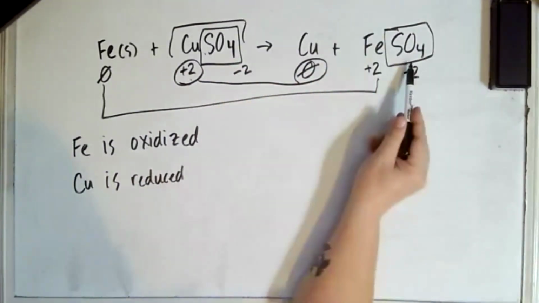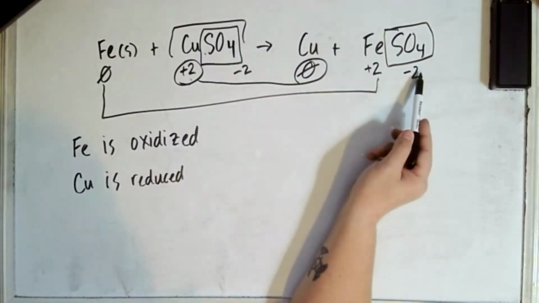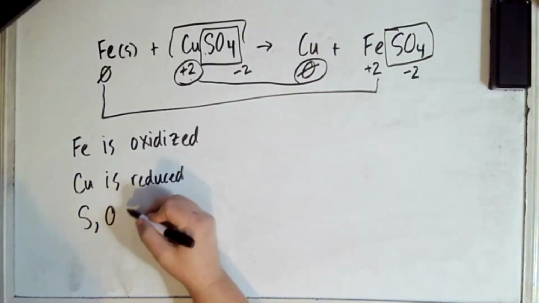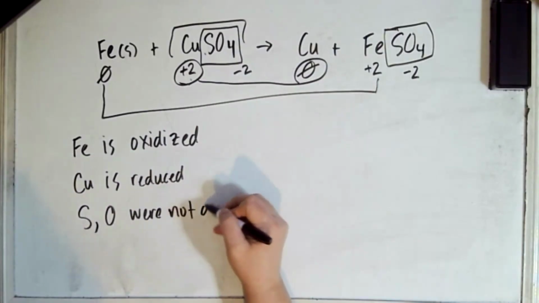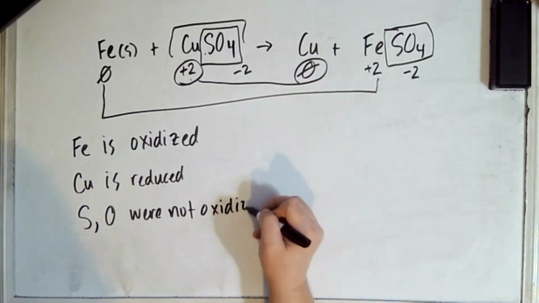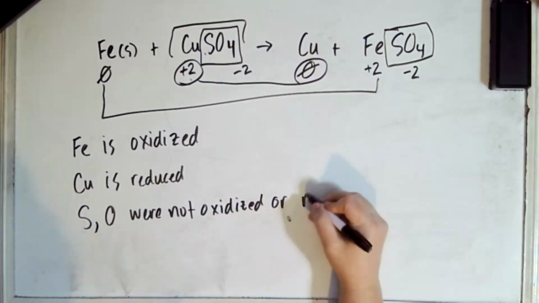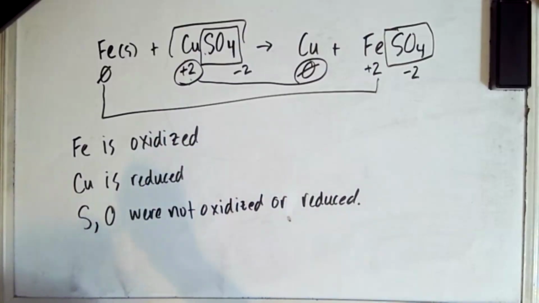And because your sulfate ion, it doesn't change in oxidation number, that means that your sulfur and all of your oxygens were not oxidized or reduced. Okay. So that is how you can work with oxidation and reduction.